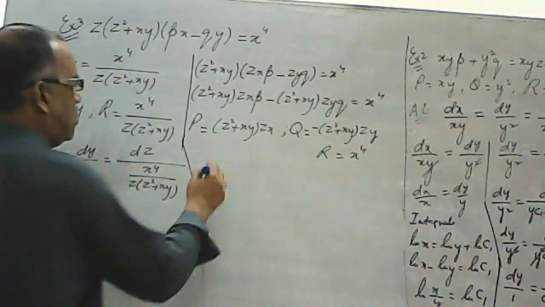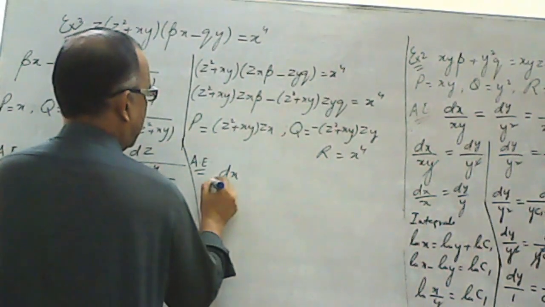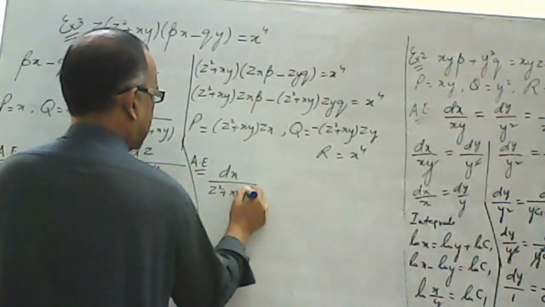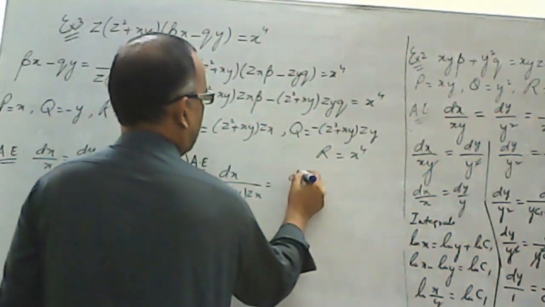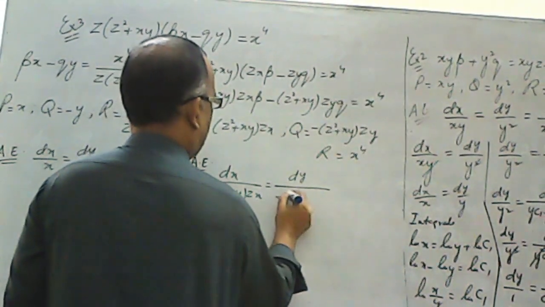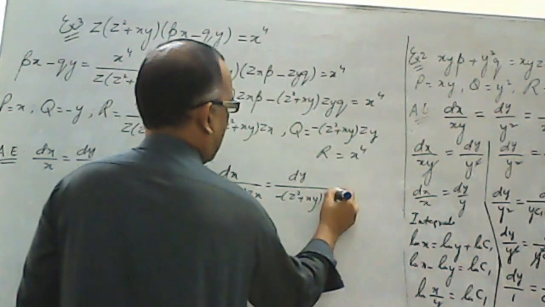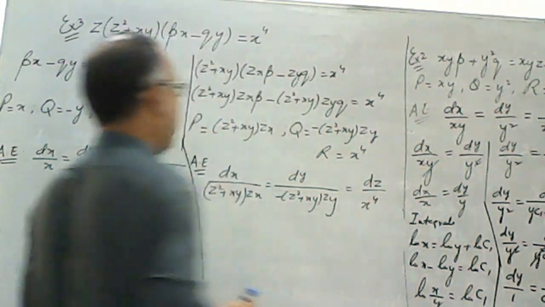In this scenario, the auxiliary equation will be dx over z square plus xy zx equal to dy over minus z square plus xy zy equal to dz over x power 4.